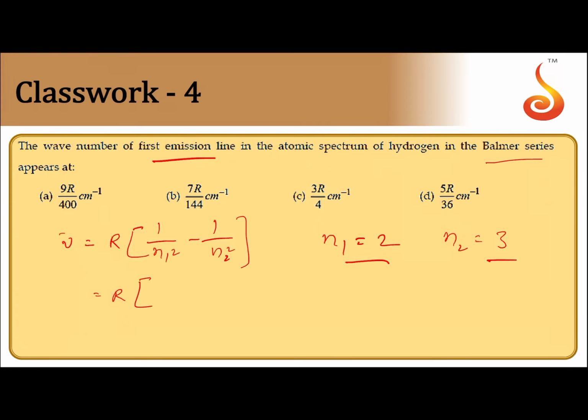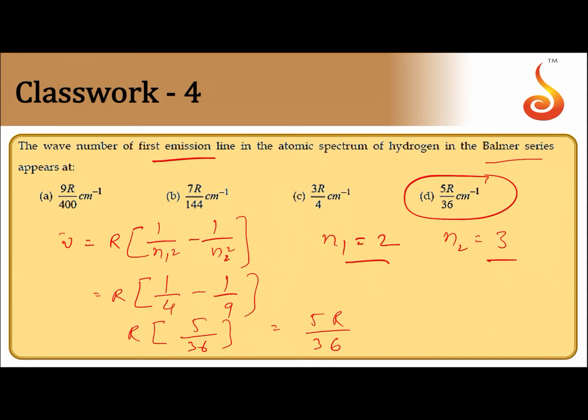Substituting values, it is R into 1 by 4 minus 1 by 9, which is R into 5 by 36. So the answer is 5R by 36.